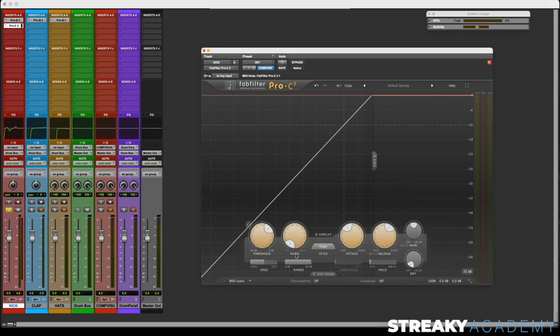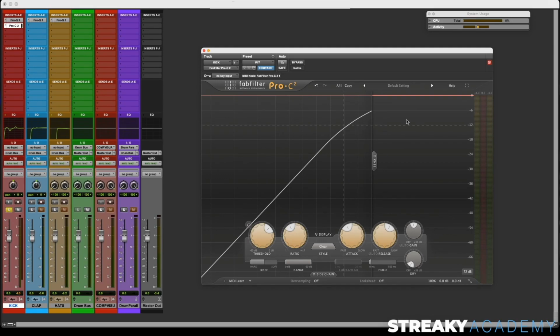Ratio determines how much our volume will be brought down once it has breached our threshold line. If you remember ratios from school, these are basic division calculations. So 1:1 means itself, or nothing. Nothing will happen. What goes in comes out. If I change this now to something like 2:1, you can see here our volume has gone down once it has breached the threshold.